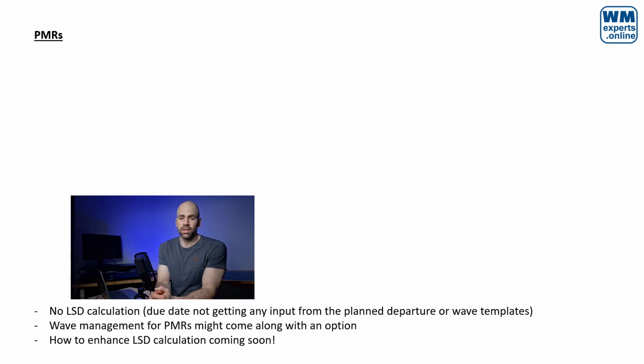But this is something that I will tackle in my next video, where it's all about how to enhance the latest start date calculation. And I do assume that at some point there might be some more options with waves coming for PMRs. I think SAP announced something like that. So along with the waves, there might be some additional options.